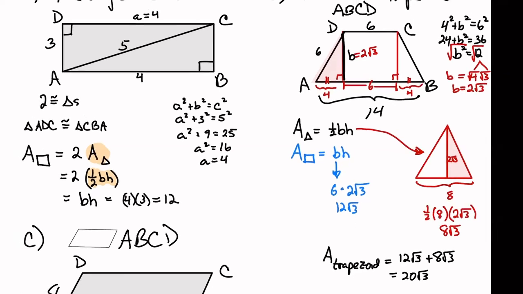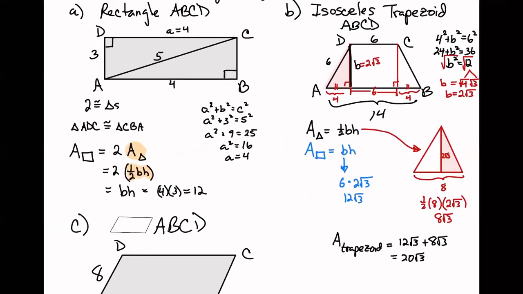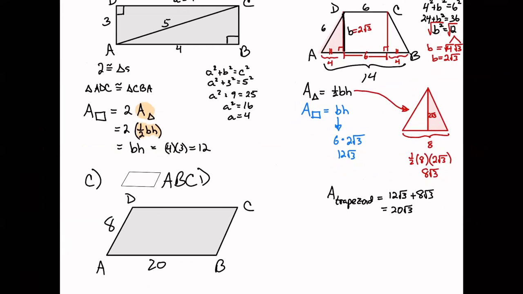There's a nice shortcut formula for isosceles trapezoid, but it involves a little bit more work than developing this rule here. So I'm just going to give it to you. The area of a trapezoid formula is 1/2 the height times base 1 plus base 2. And those two bases are interchangeable.